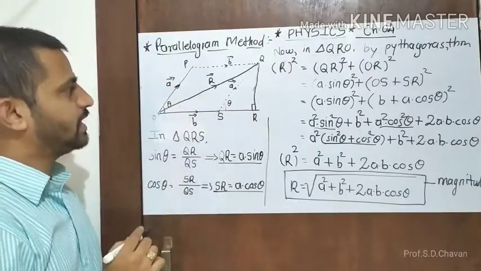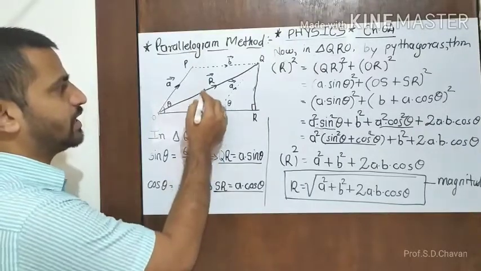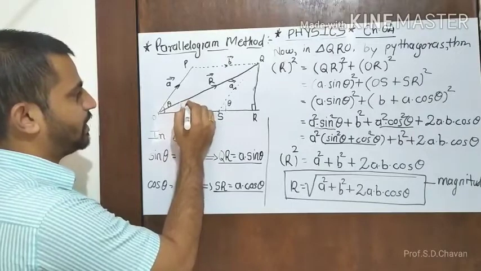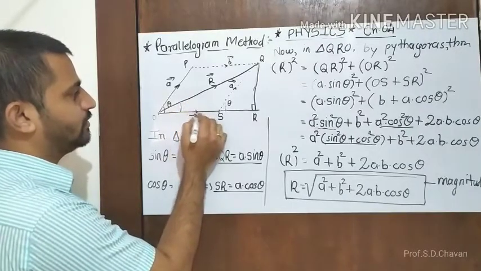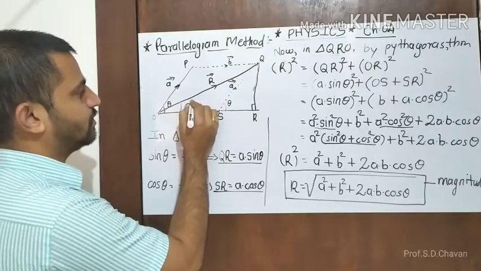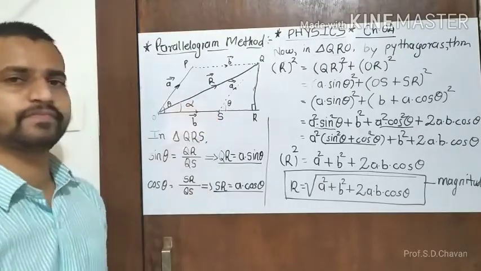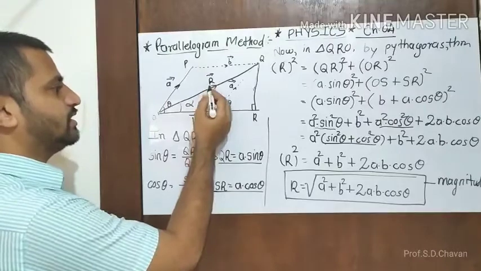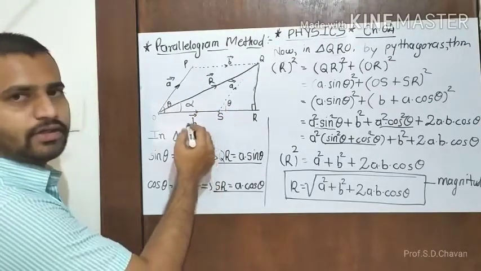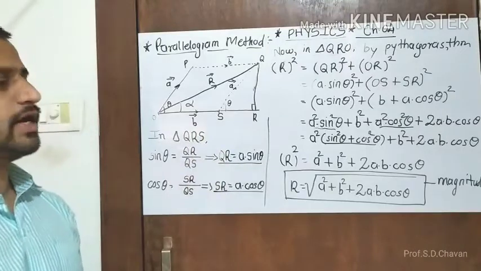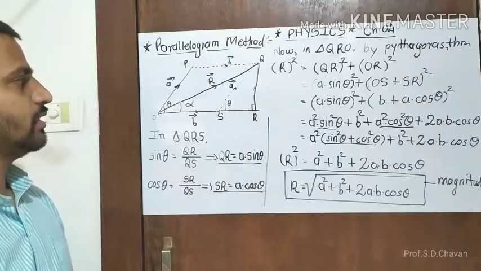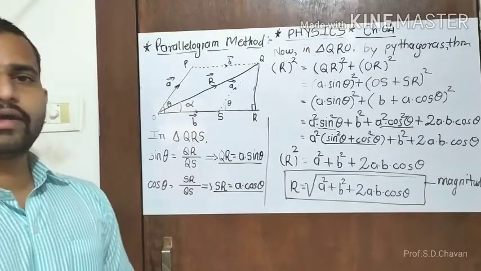If you look at this diagram, this resultant is making some angle with the vector B. Let us suppose that angle is alpha. Now in that case, how to go for the direction?